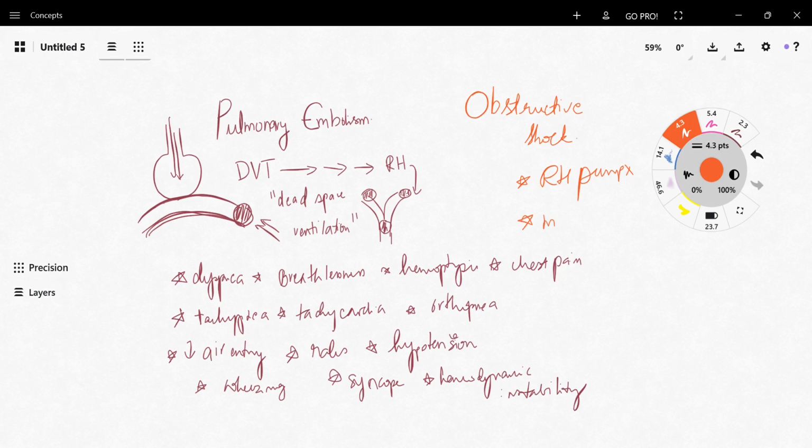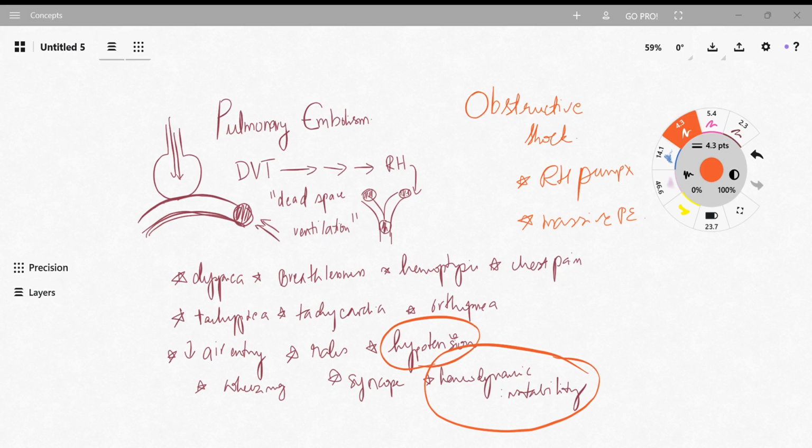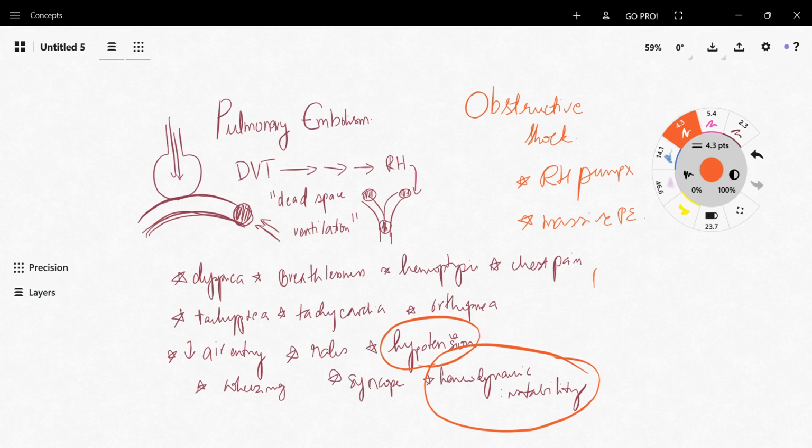So a massive PE presents as obstructive shock, and that's when you'd see things like hemodynamic instability and hypotension. You can also have sudden cardiac death, and prior to these developments you can have what is called cor pulmonale, which is right heart failure due to a pulmonary pathology, right?